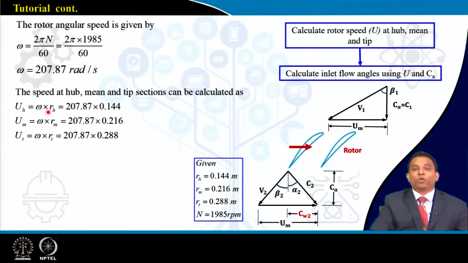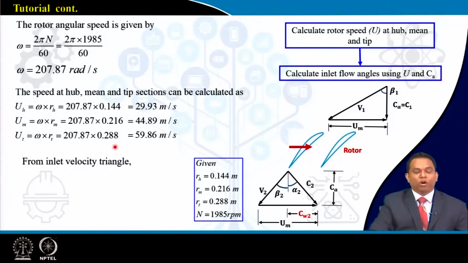The peripheral speed we can represent as my angular speed times the radius. At the hub, mid section and tip section, these radii are known to us: 0.144, 0.216 and 0.288. Putting these numbers in gives me the peripheral speed at different stations.